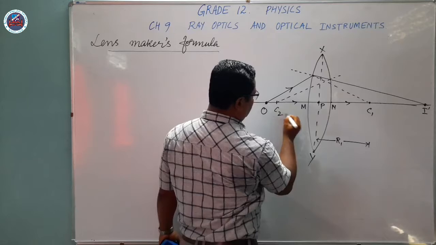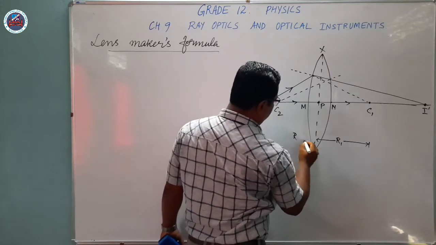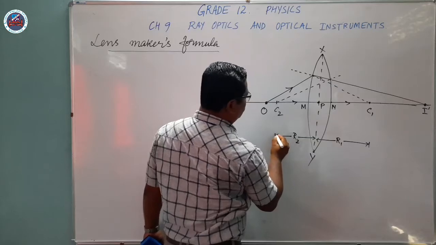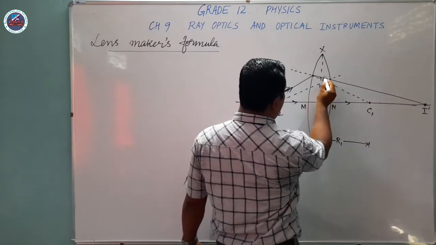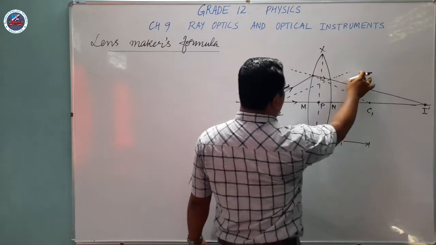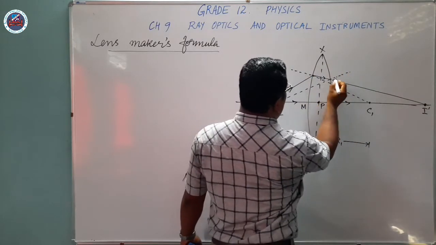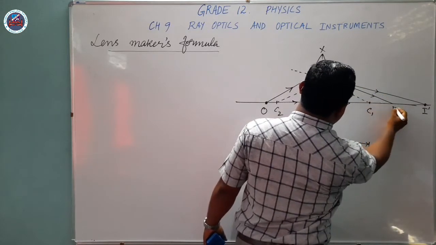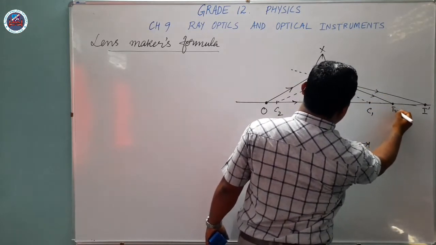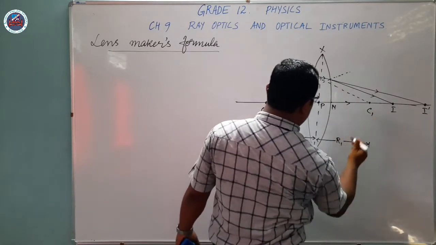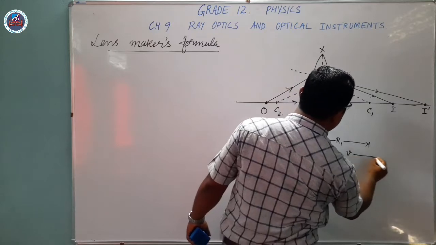Here it will be C2. This distance C2 up to P, we will call the radius of curvature, R2. At this point, light is striking from glass to air, so from denser to rarer, it will go away from the normal, so it will come like this, and the final image will be formed at I. That will be your final image. So I can mark this as V.